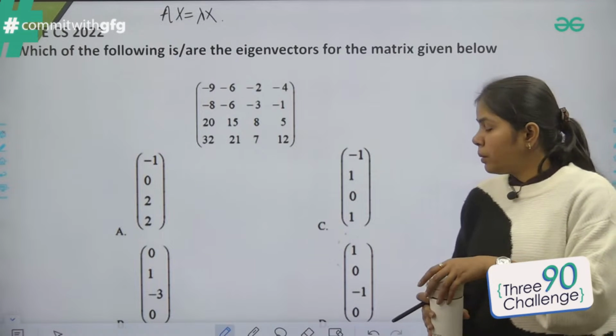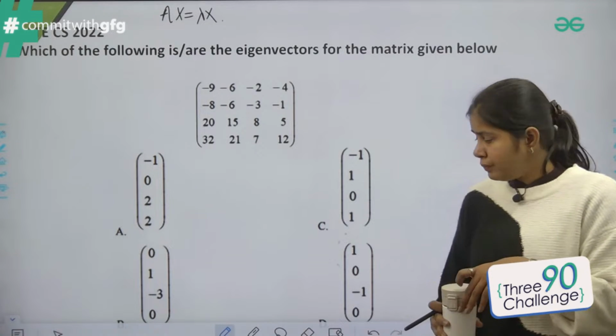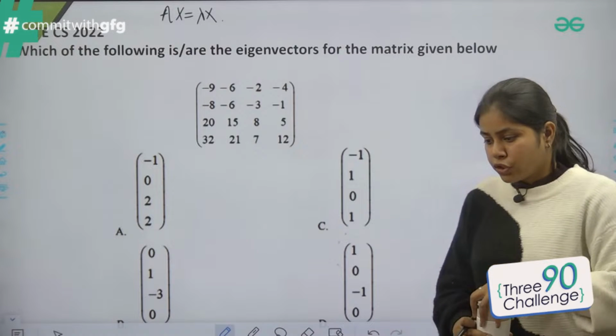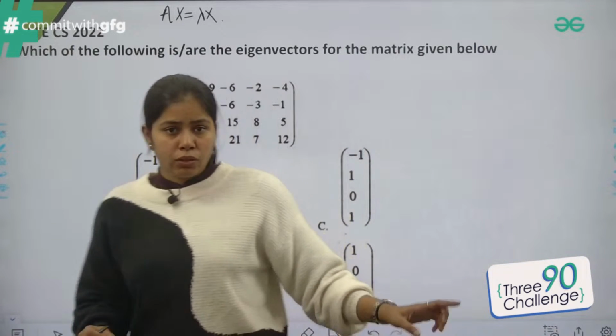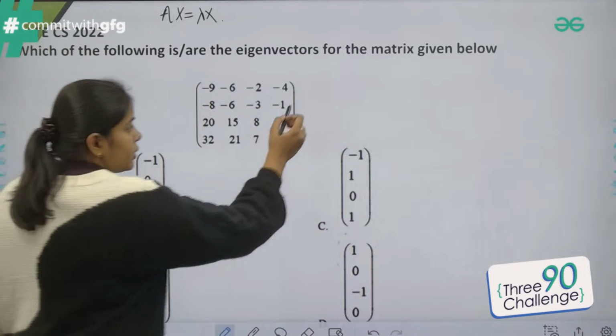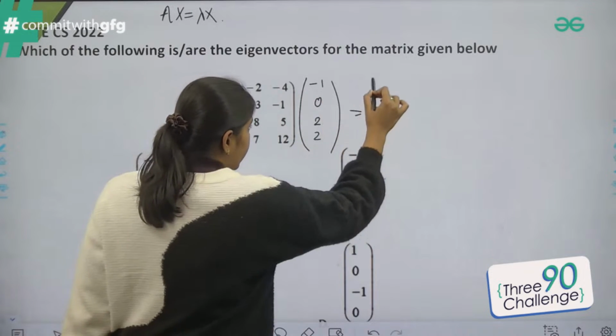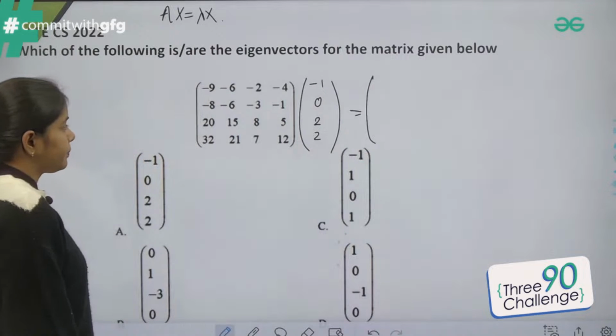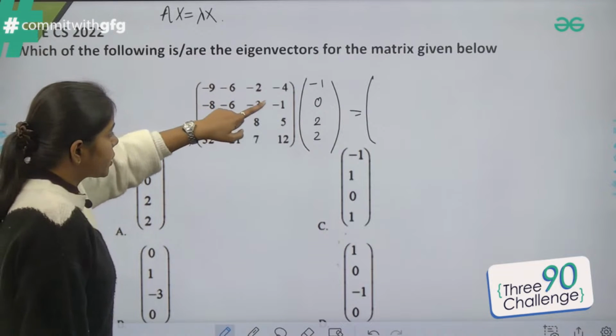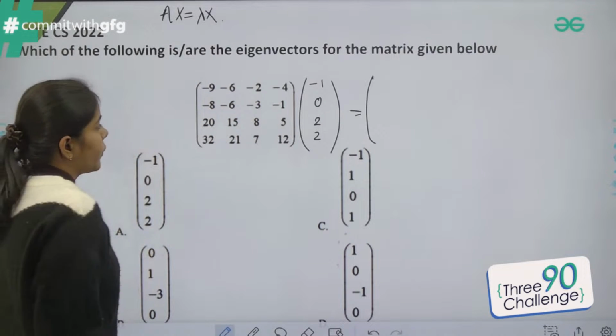Okay, so let me solve one for you, then you can check. I'm checking this one, -1022. If I multiply, what would I get? 9 minus 4 minus 8.